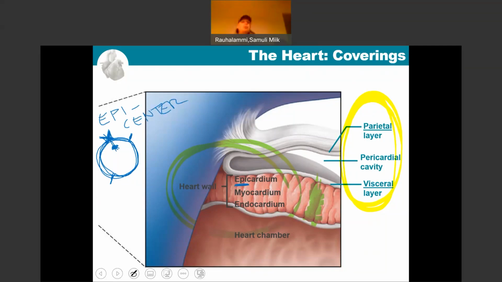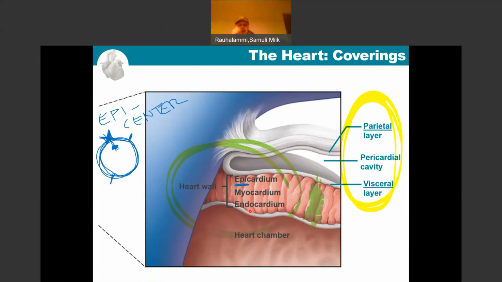So that gives us a clue that epi refers to something on the surface. So similarly, epicardium is going to be the layer at the most surface layer of the heart's muscle wall. I hope that helps. Endocardium instead is the innermost layer.